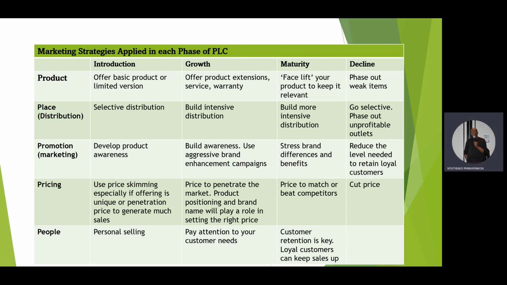That means you can't price the product higher than your brand allows. People are not aware of your brand, so you need to start low. Start low. So under growth, you are pricing to penetrate the market, and product positioning and brand name play a key role in setting the right price.